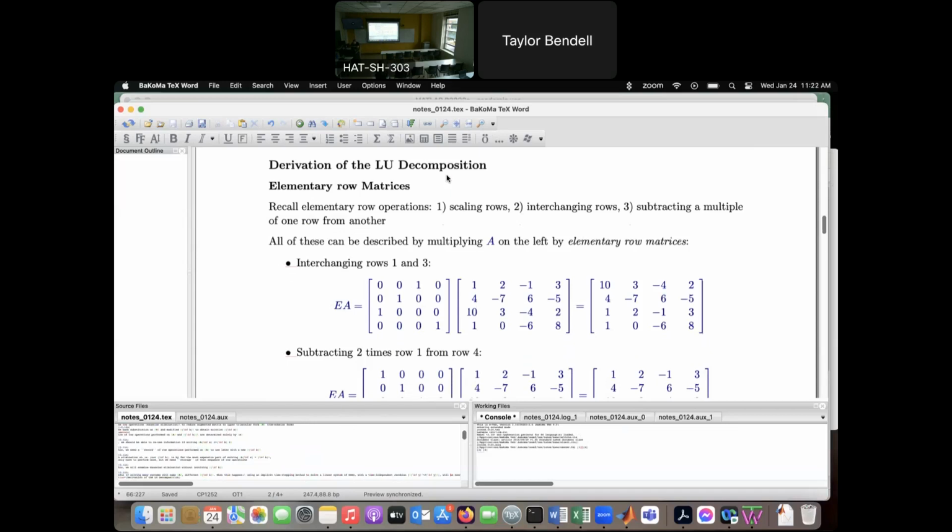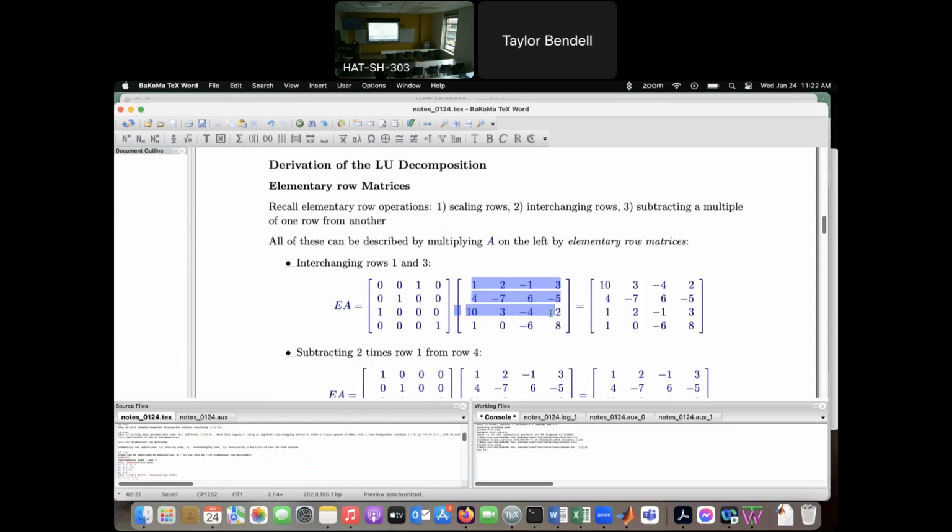Okay. So, if we revisit elementary row operations, scaling rows, swapping rows, and subtracting a multiple of one row from another, we can describe all these row operations in terms of matrix multiplication. Performing a row operation amounts to multiplying your matrix A on the left by some matrix E, which is really just the row operation carried out on the identity matrix.